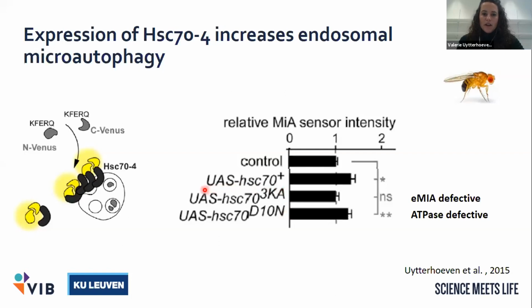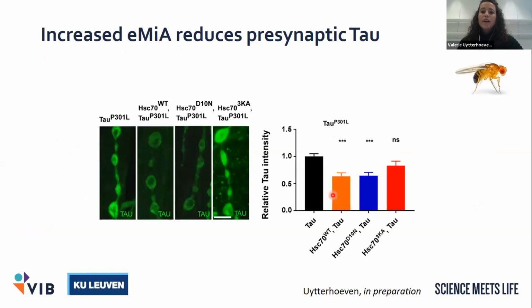But when we express an HSC70 that is defective in endosomal microautophagy, we cannot increase the fluorescence levels of this microautophagy sensor. So we tested if the increase of endosomal microautophagy via the overexpression of HSC70 can reduce the tau levels at the pre-synapse.